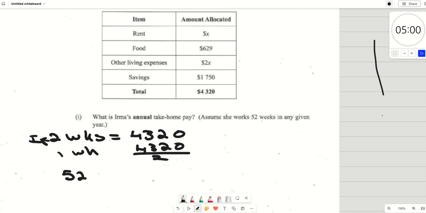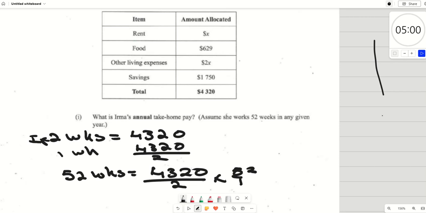Versus 52 weeks would be 4,320 divided by 2 multiplied by 52 over 1. 2 into 52 is 26. So it is 4,320 multiplied by 26.